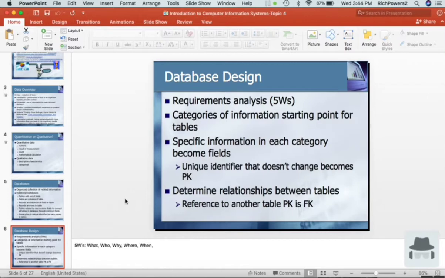That is usually the first step, a process by which, from a design perspective, a description is developed of a particular situation, and then information is gathered around that and structured into tables. The unique identifier that doesn't change becomes a primary key.